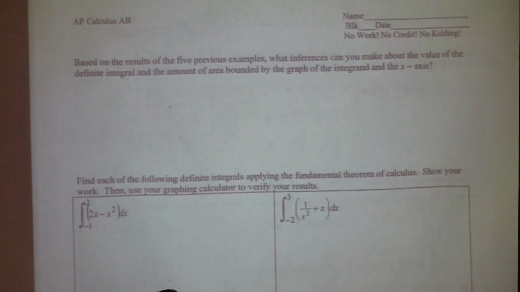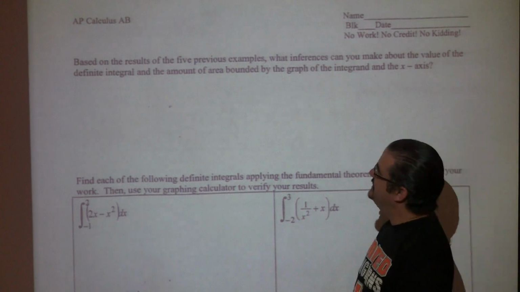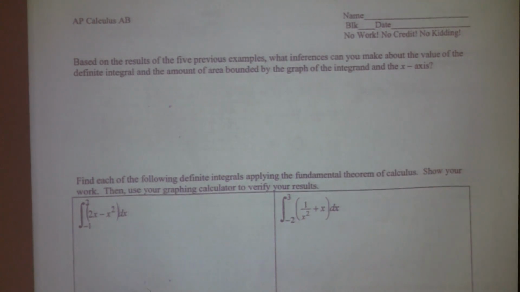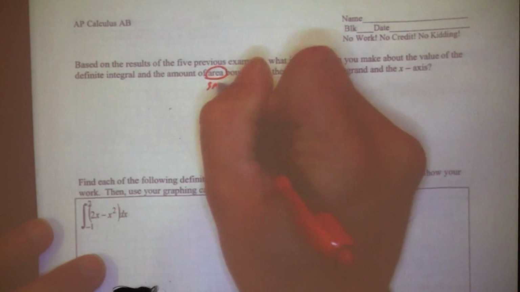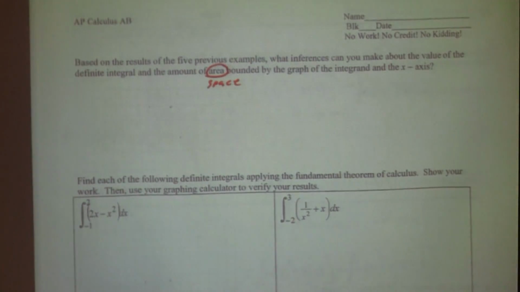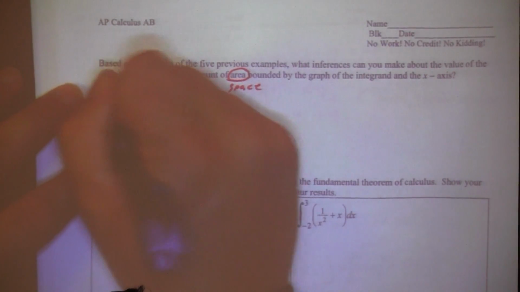So based on the 5 examples, what inferences can you make about the value of the definite integral and the amount of area bounded by the graph and the integrand and the x-axis? So here, instead of area, let's say the word what? Space. Okay? So 3 statements you're going to write.